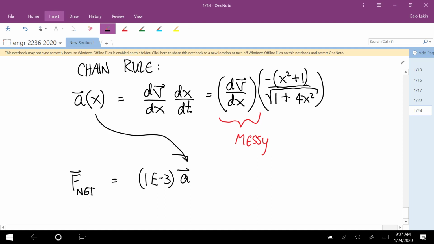And so you know what the force is that's applied to that object in each one of those instances. Any questions about that?